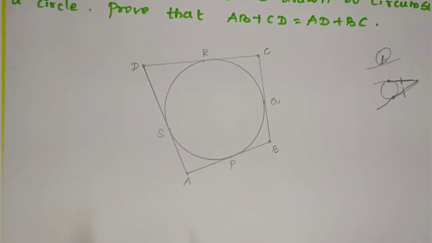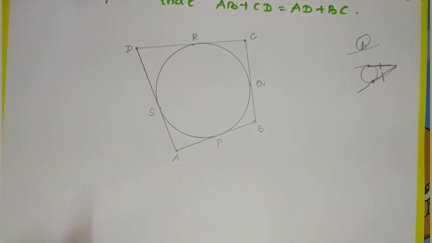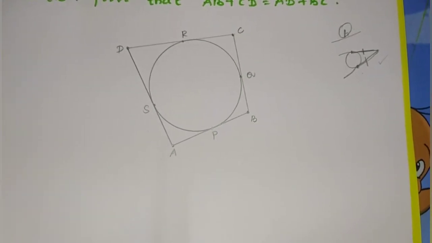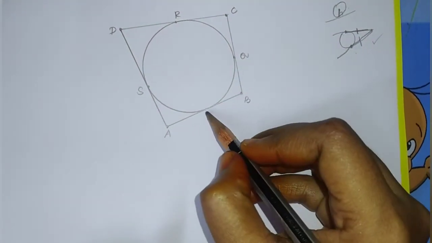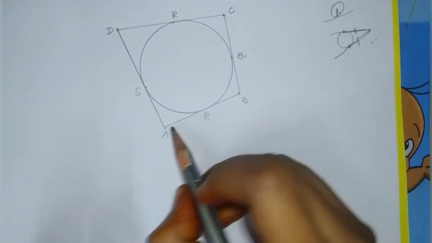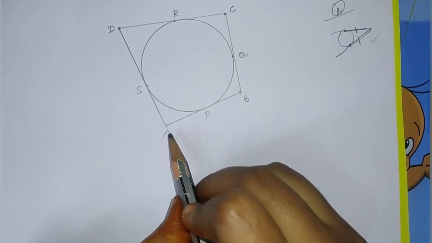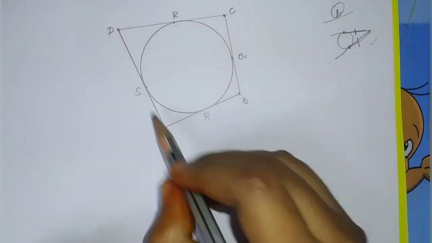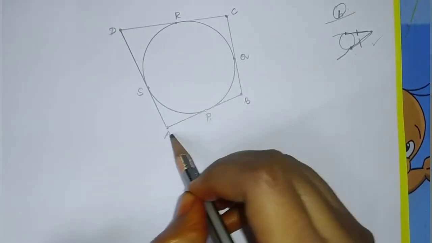So for this problem, which theorem are you going to use? You are going to use theorem 10.2. Because if P is a point of contact, A will be an external point, so AP and AS will be the lengths of the tangents.